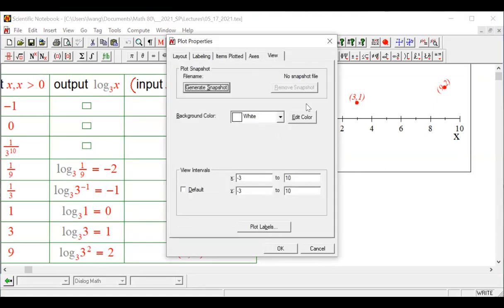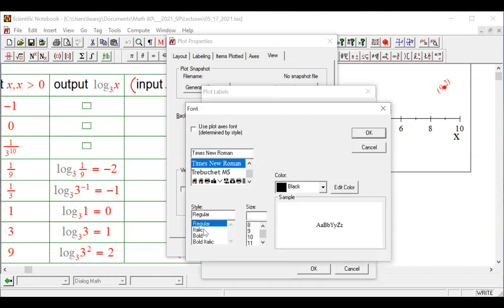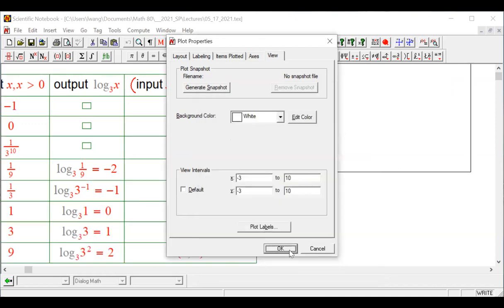It's 1/3, comma, negative 1. And the fonts red. I'm trying this to see how that works.